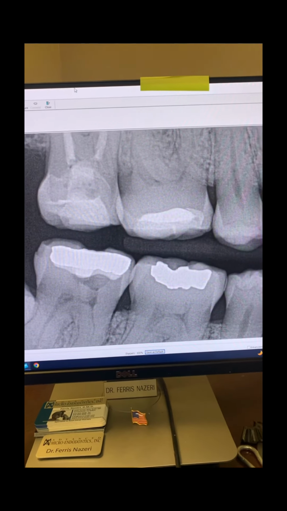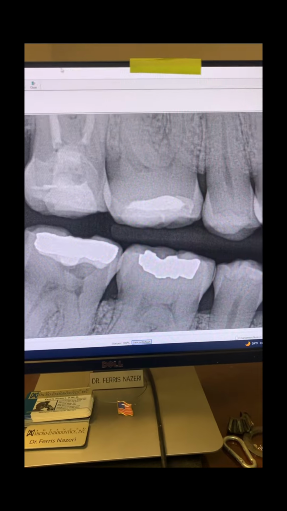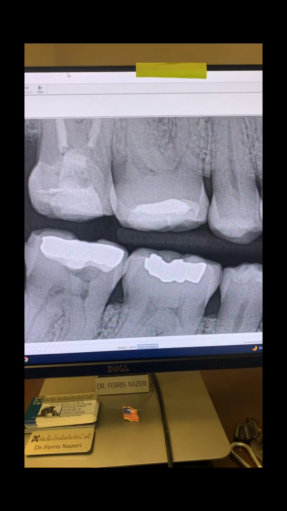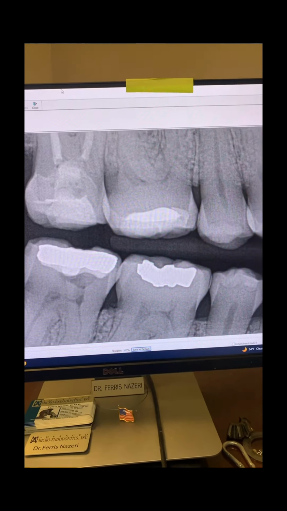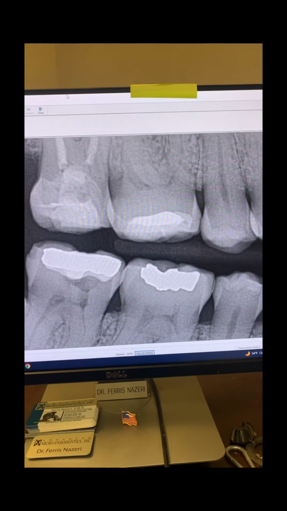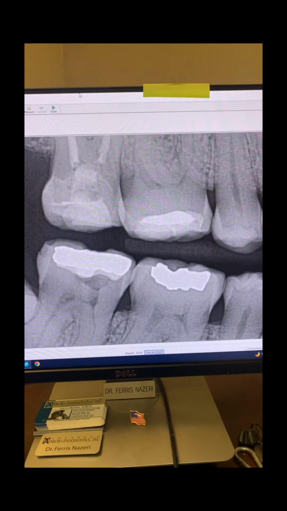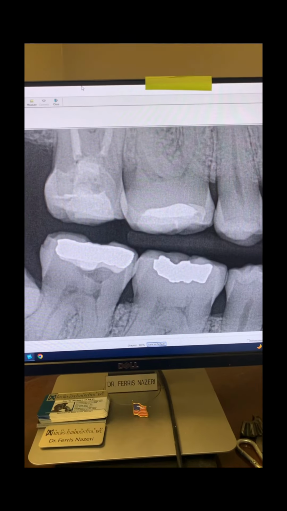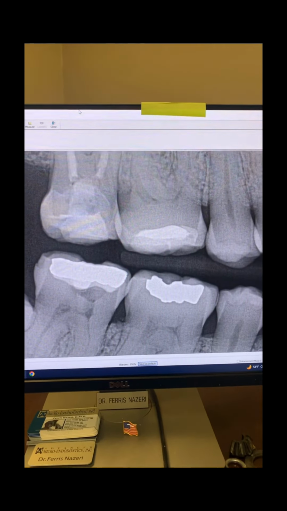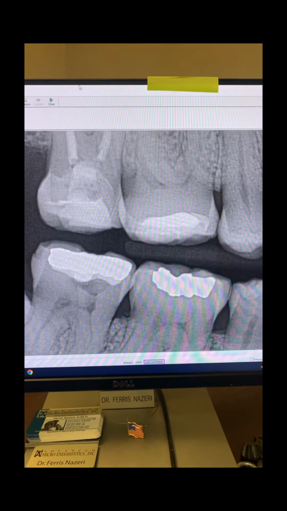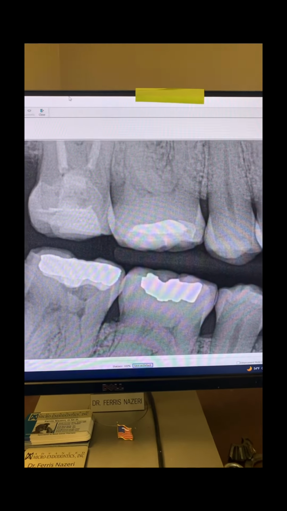If the tooth behaved very well, meaning that you experience no symptoms, no pain, no spontaneous pain, no achiness, no pain to cold that lingers, no pain to heat, no pain to biting, all of that stuff, then that's great. We avoided a root canal.